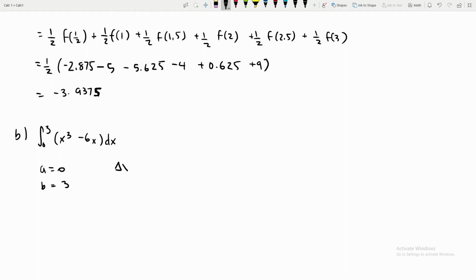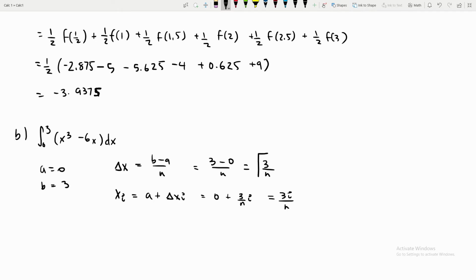So let's figure out what delta x is. So there is the formula for delta x, and the formula for xi is going to be here. So there it is. We have figured out what delta x is, and we have figured out what xi is.